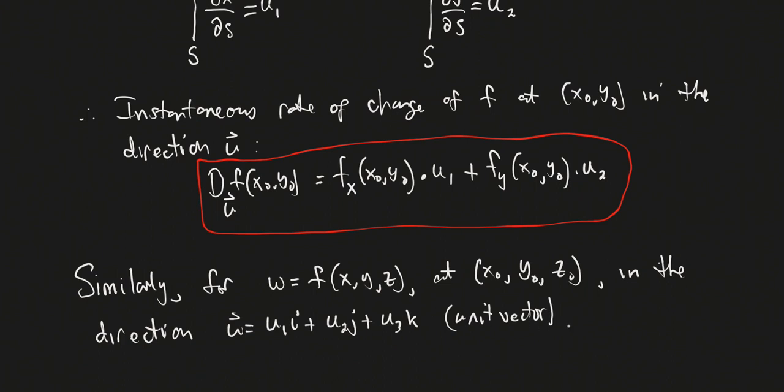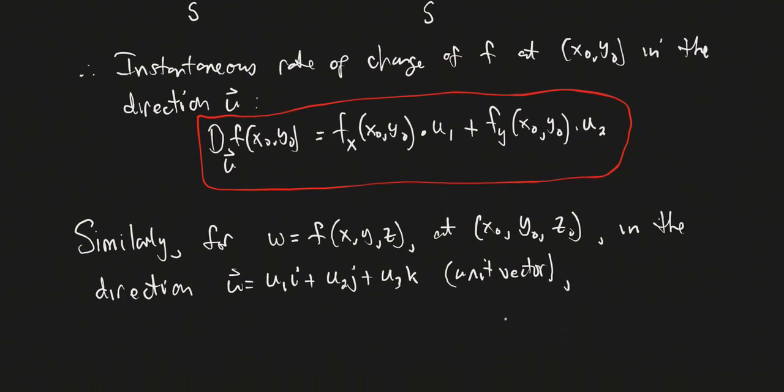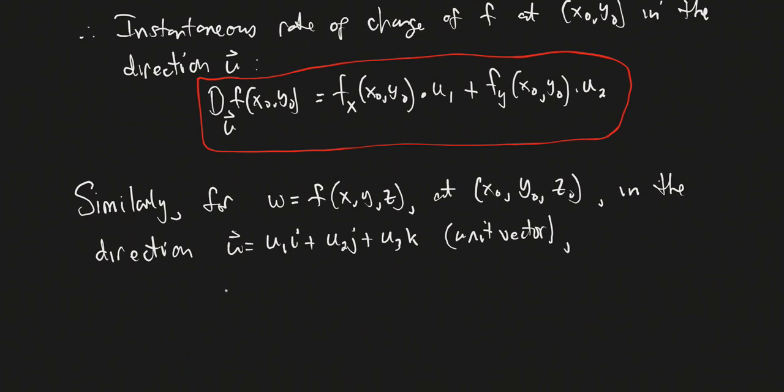So in the direction here, let's write down what it looks like for a function of 3 independent variables.